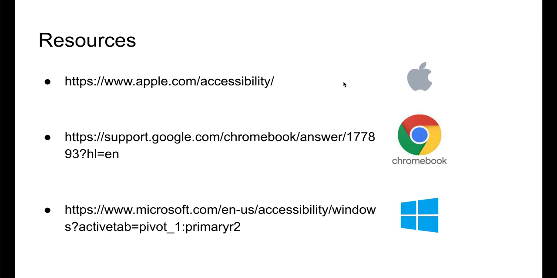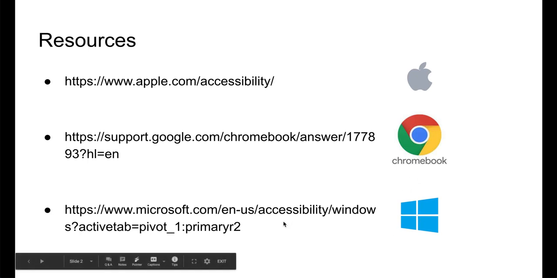So don't be afraid to just type in a search and look for a video of how to set up maybe a text to speech accessibility feature on an iPhone, and I'm sure you'll pull up hundreds of videos that can demonstrate how to do that. And same way for Chromebook or a laptop that's running on Windows 10.